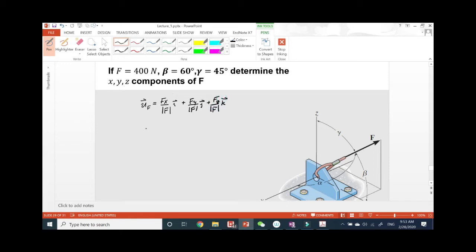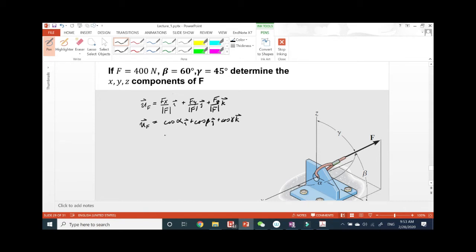Okay, now another way that we can define the unit vector would be that we would say uF is equal to cosine of alpha in the i direction plus cosine of beta in the j direction plus cosine of gamma in the k direction.